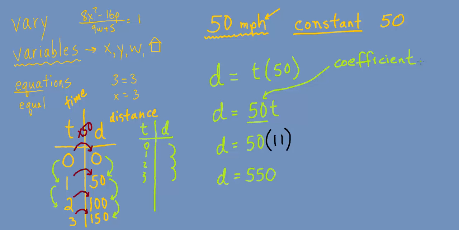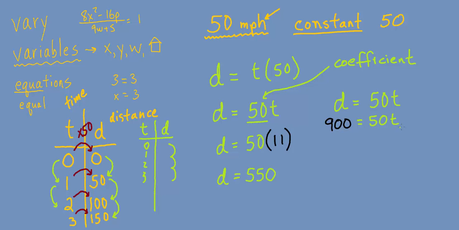This time I know the distance, and I want to know the time. So I'm going to put in 900 for the distance this time. That's the variable that I now know, and now I don't know the time.